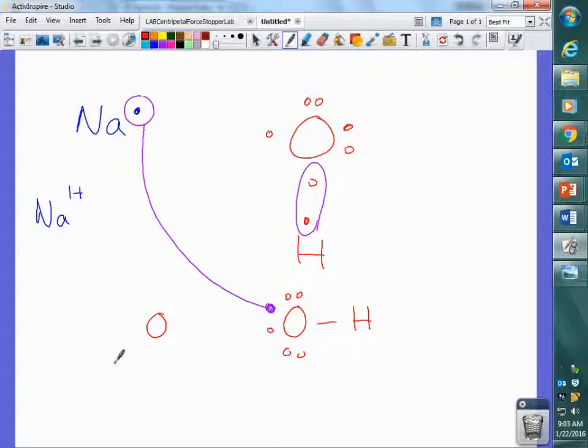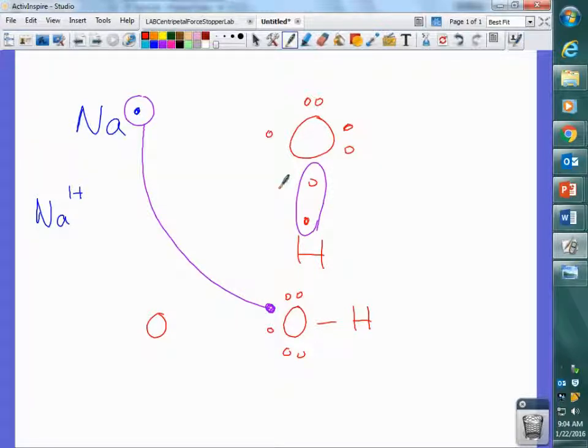Is oxygen full with its 8 valence electrons now? Oxygen's full, but part of oxygen being full depended on the fact that it had already formed what with hydrogen? A covalent bond. These two are stuck together.